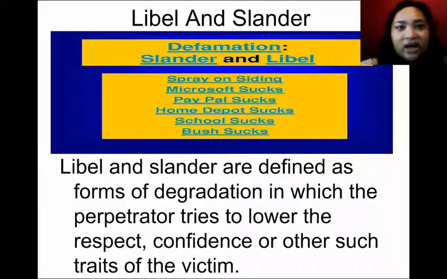Libel and slander are both considered as forms of degradation. Libel and slander simply mean that a person is degrading someone else by saying that he or she is not worth anything in the world.